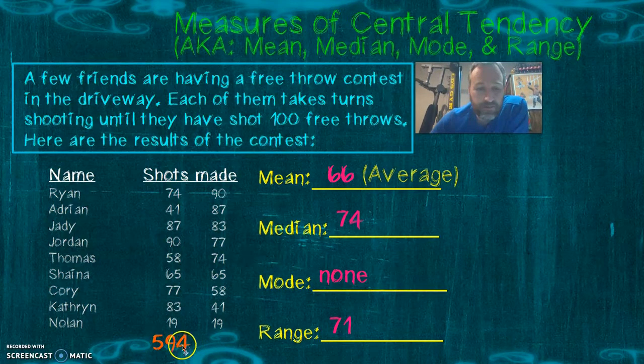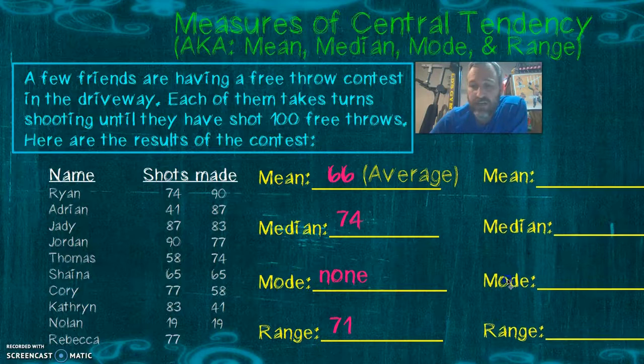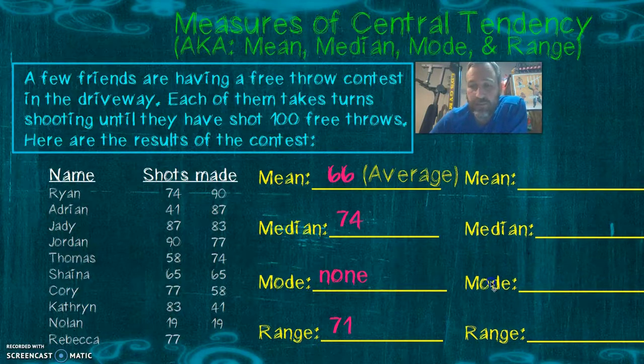Now, we're going to do something a little goofy, and I'm going to pull this 594 out of here. And we're going to add Rebecca to the challenge here. Rebecca made 77 free throws. So how does that change our numbers? We're going to get new numbers. What's our new mean?